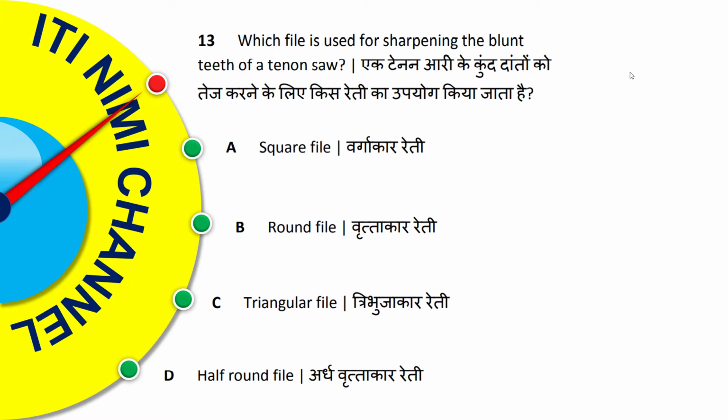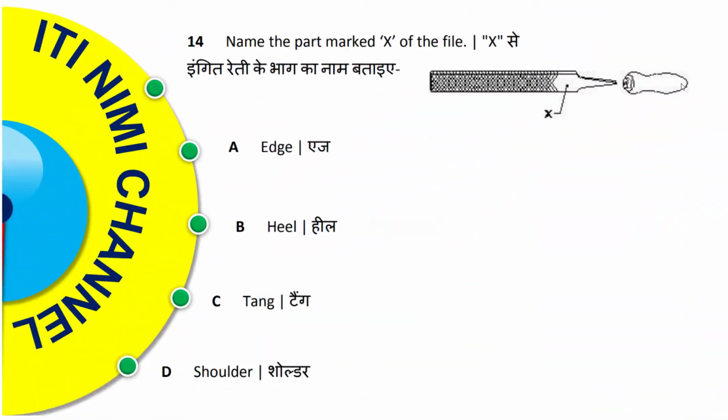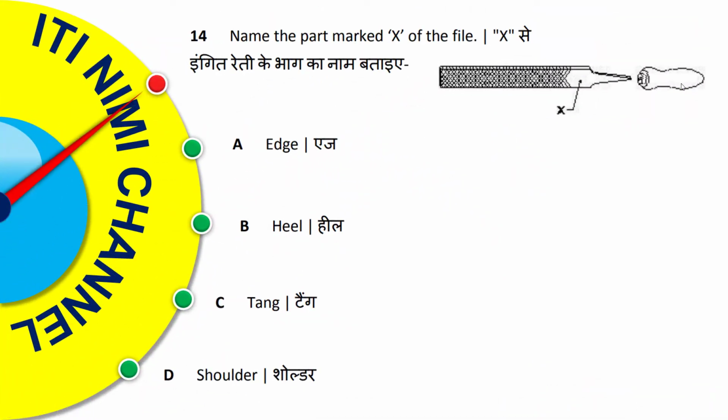Which file is used for sharpening the blunt teeth of a tenon saw? Square file, round file, triangular file, half round file. The answer is triangular file. Name the part marked X of the file. You have to tell what is the name of this part.